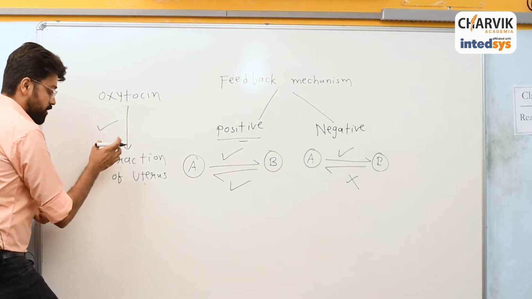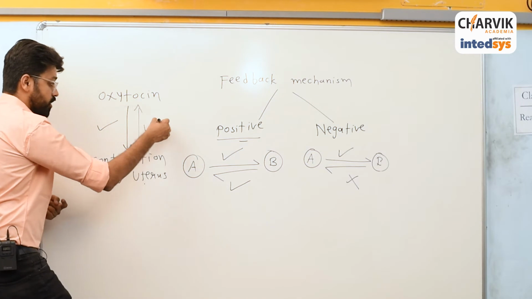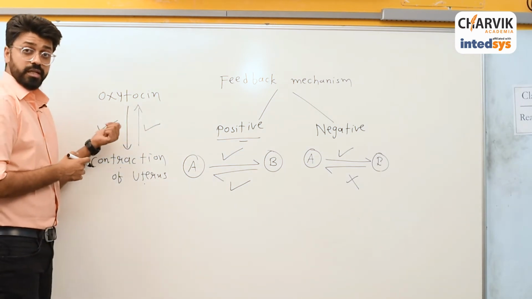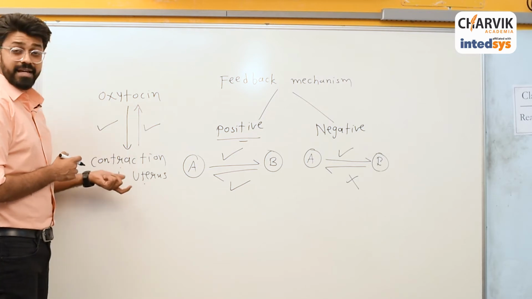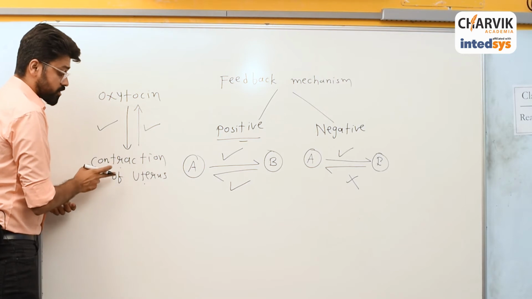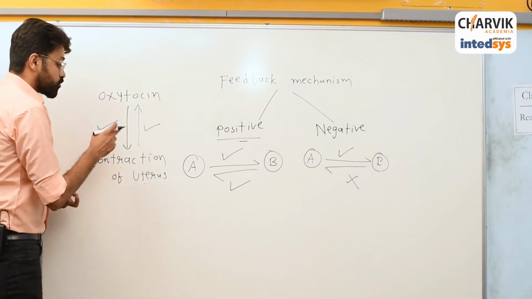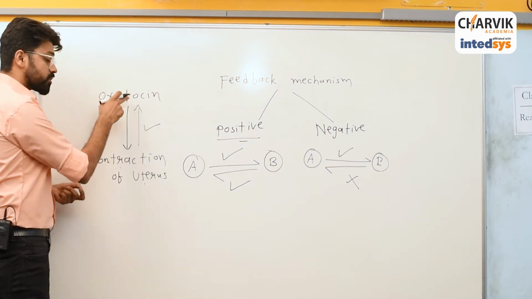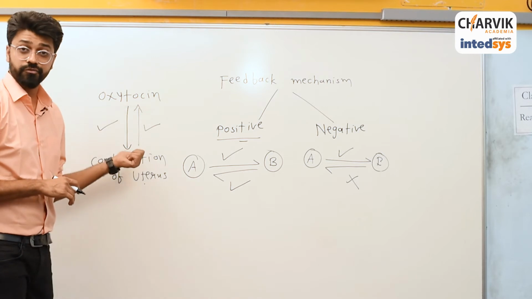In return, as contraction of the uterus increases, it further stimulates the secretion of oxytocin. So both oxytocin and contraction of the uterus are enhancing each other's effect. Again, I am repeating, oxytocin is stimulating the activity of the uterus, and in return, those contractions further stimulate the secretion of oxytocin. So it's an example of positive feedback.